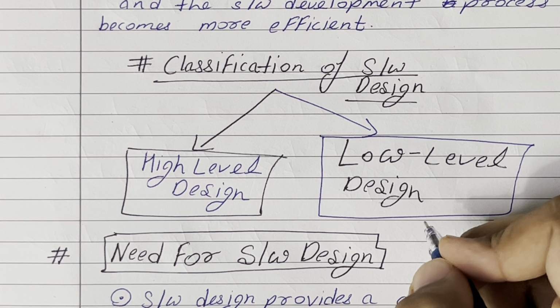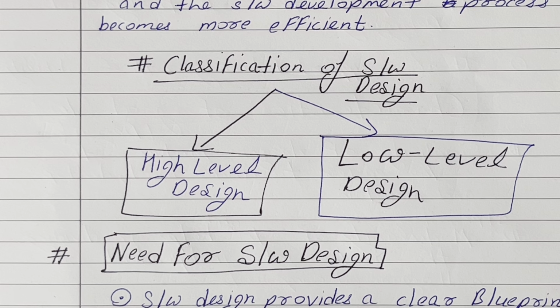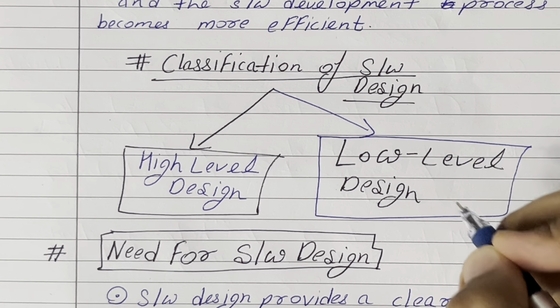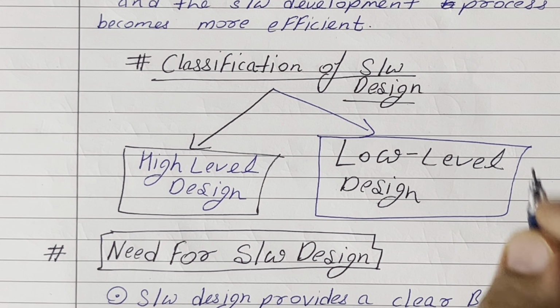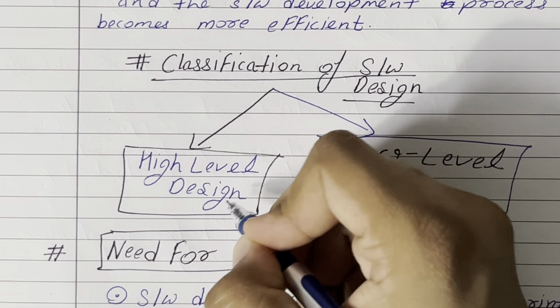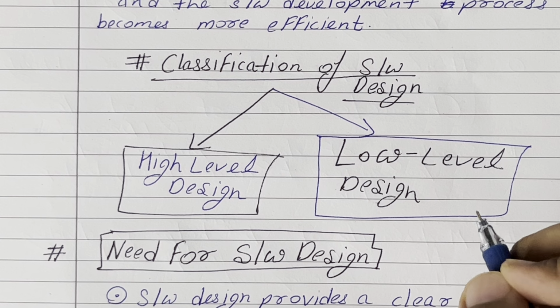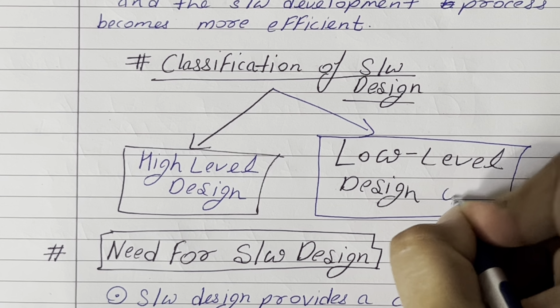Okay, so next is low level design. Let's learn about that. So guys, after the overall architecture of the software has been prepared through the high level design, HLD, the next step in the software design process is the low level design, LLD.